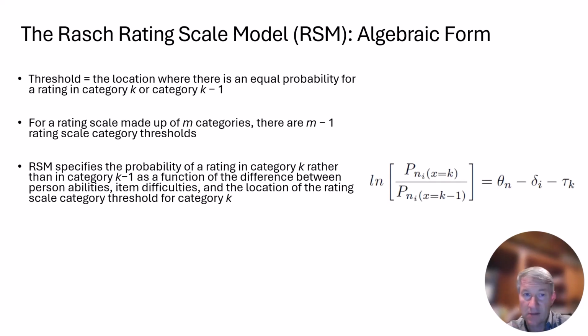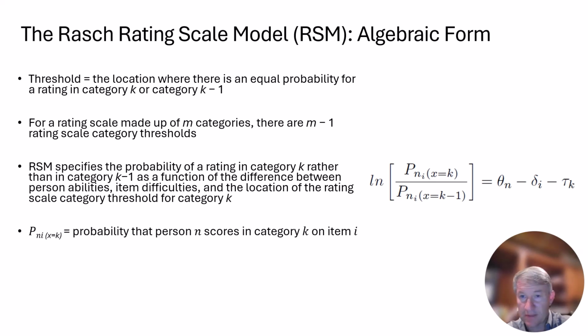The rating scale model specifies the probability of a rating in category K as opposed to category K minus 1 as a function of the difference between the person's ability, or the amount of latent trait that that person possesses, the item difficulties, and the location of the rating scale thresholds for that category K.